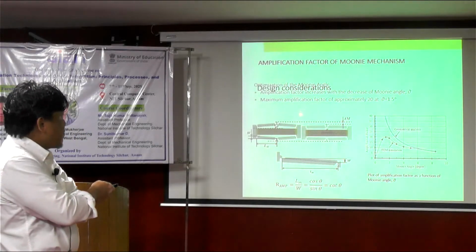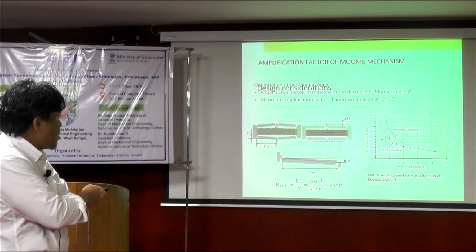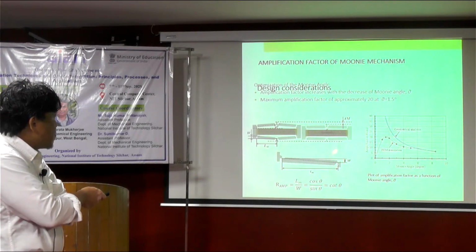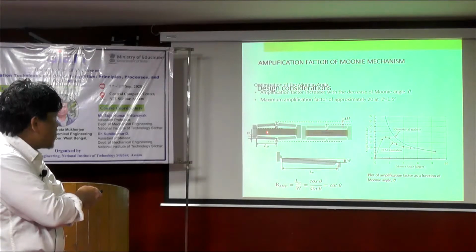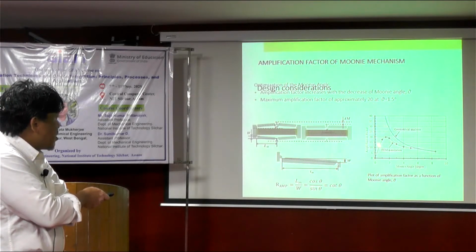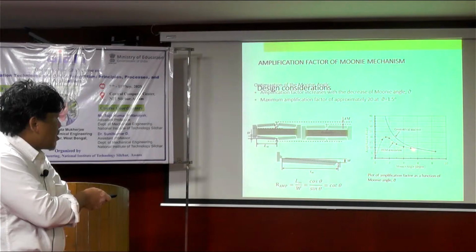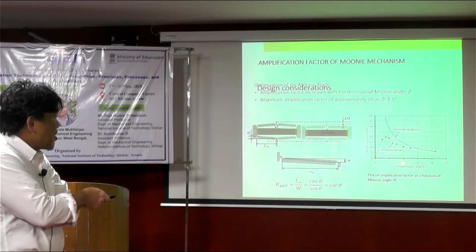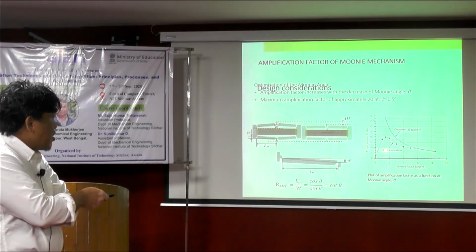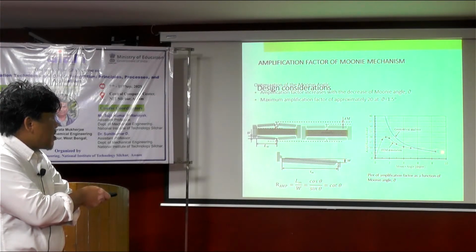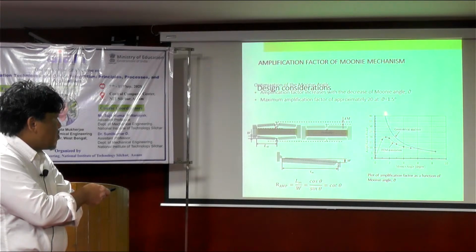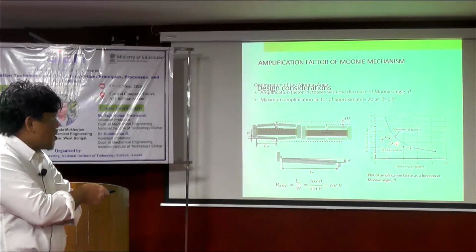So the amplification factor of a Mooney mechanism here. So we have a Mooney amplification mechanism. Then let's say here, this is the FEM simulation. So we know that by decreasing the angle here, theta, we can get higher amplification, nearly 20 times amplification of the movement. But this is geometrical analysis, so it does not take care of certain parameters here.